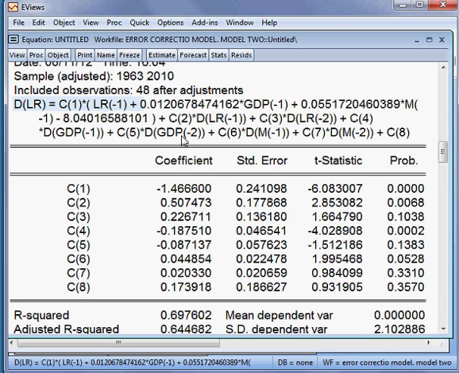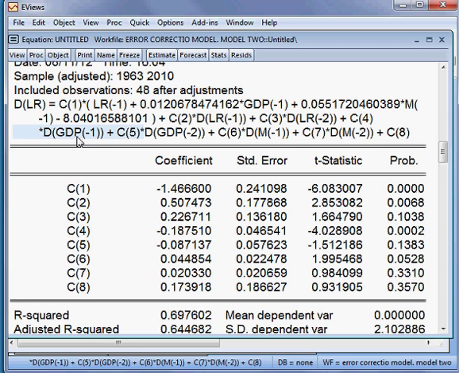Okay, second example. Suppose GDP lag 1 and GDP lag 2, whether these two variables jointly can influence LR or not. We can also check that using Wald statistics. Here our coefficients are two, C4 and C5.